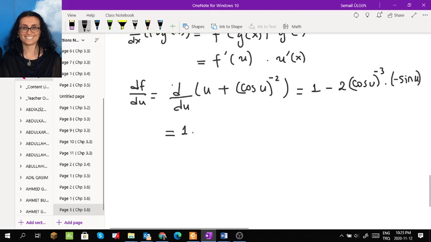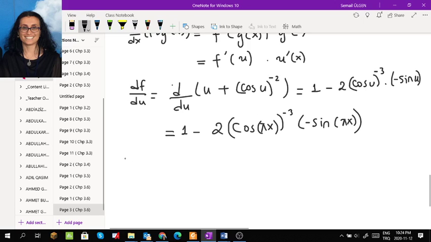So this is going to be 1 minus 2 cosine, what is the u? u is pi times x. So I'm going to write pi x because I have to convert everything to x. Raise it to the power negative 3 here, and then negative sine pi x.